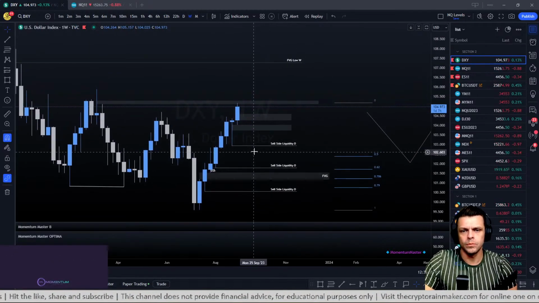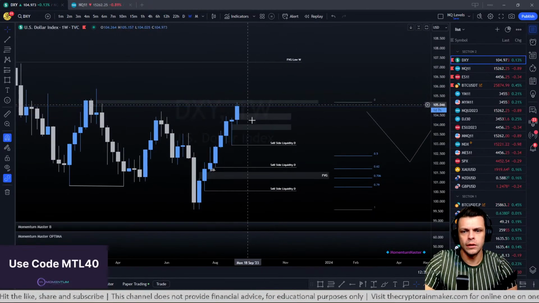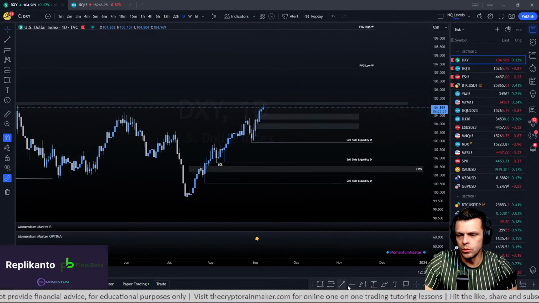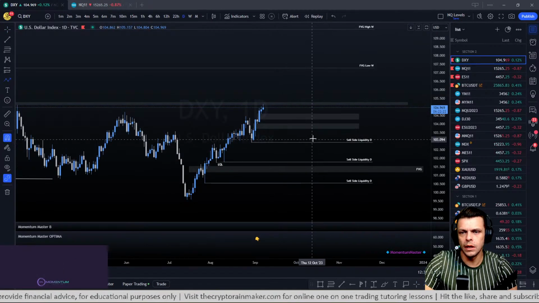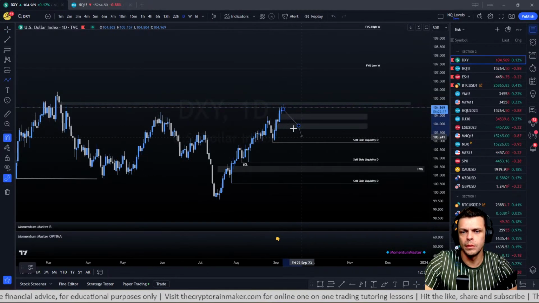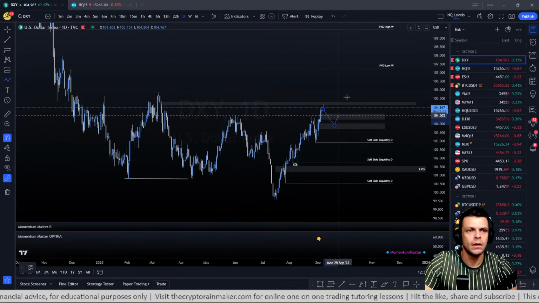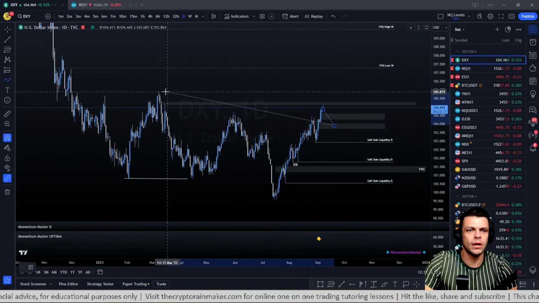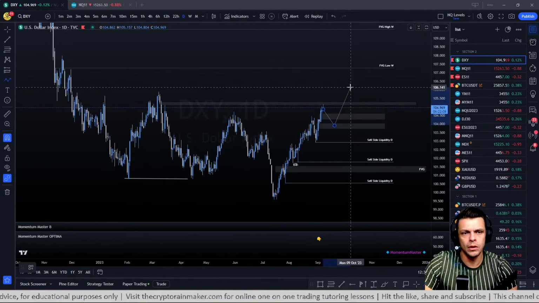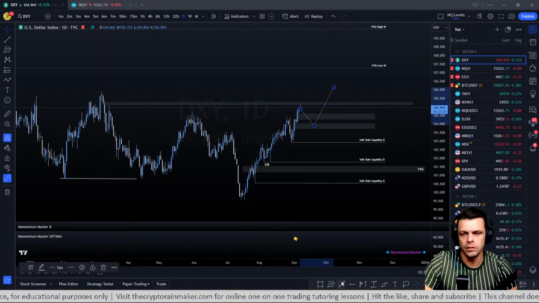So ideally, I think what is potentially going to happen with the dollar index, before we come down for this liquidity, is that it might come down to rebalance these imbalances and then go for these highs right here before it finally retraces. So I think that is potentially more likely.